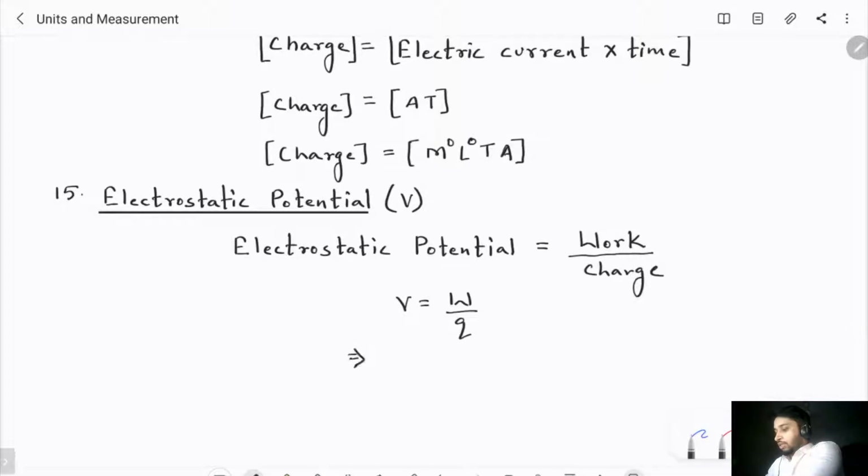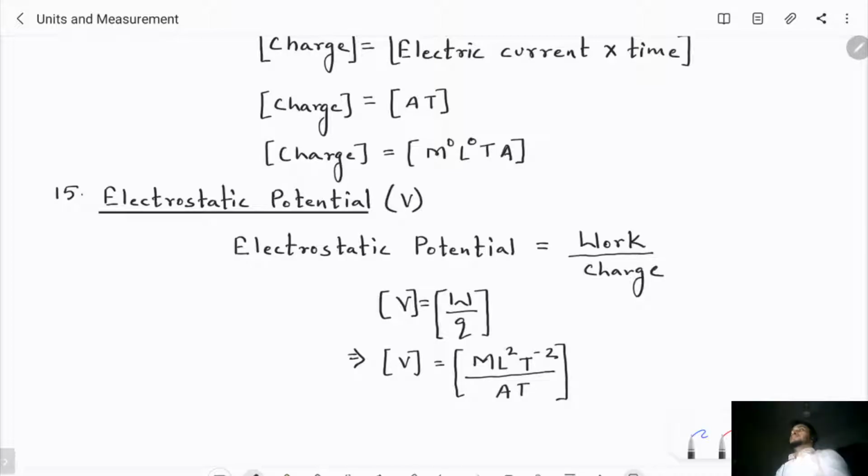So here we can write dimensional formula for V as, so dimensional formula for V will be same as dimensional formula for W by Q. So dimensional formula for V becomes, so for work we have already derived earlier, it is having same dimensional formula as that of energy. So we get m L squared T minus 2 divided by, for charge we have A into T. Okay.